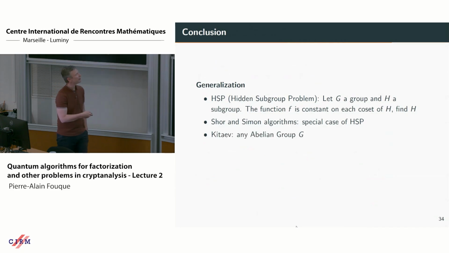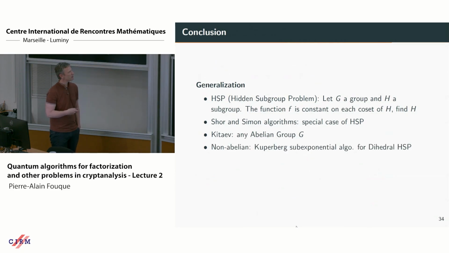Kitaev also explained that if G is an abelian group, you can always apply such an algorithm. But what happens for a non-abelian group? One of the most interesting non-abelian groups is the dihedral group, and we have what is called the dihedral HSP problem.